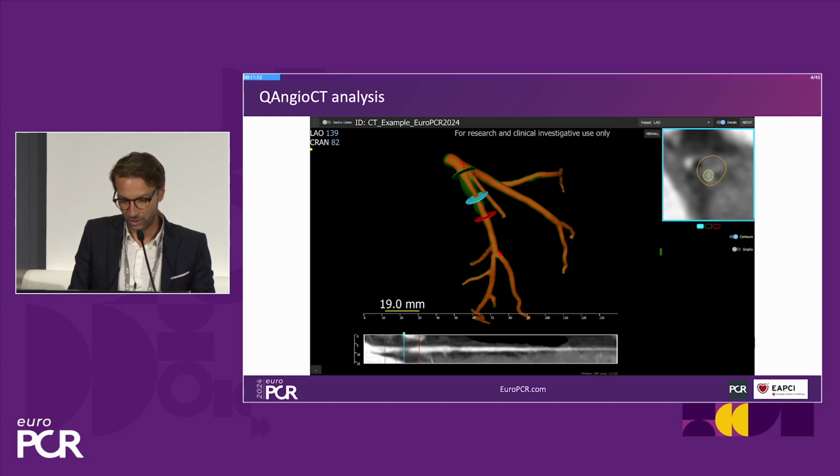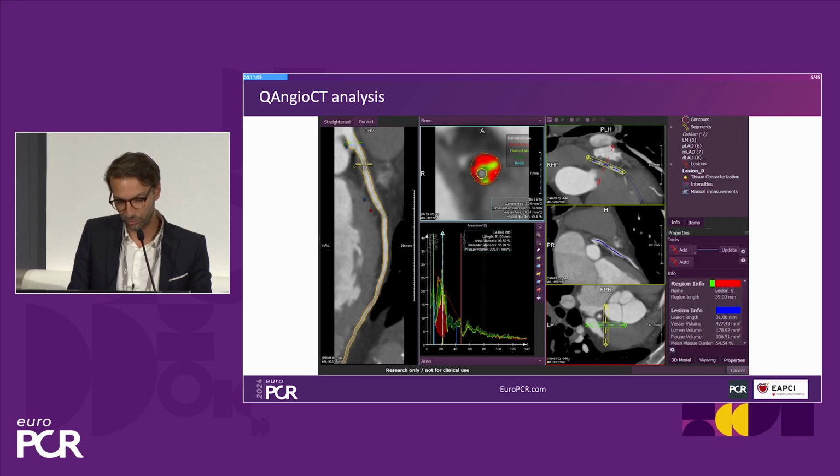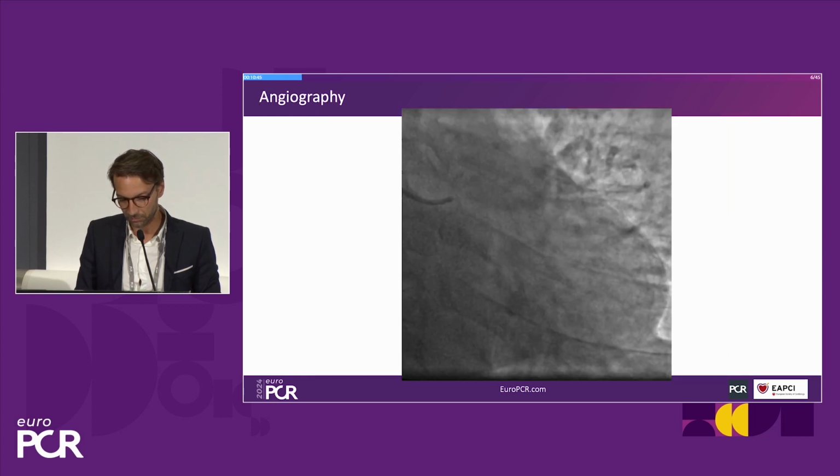The Q-angio-CT analysis of this patient showed a low-density lesion of the proximal LAD. And when we go deeper with this analysis, we can notice that the plaque tissue is made of necrotic core, confluent necrotic core massively, and fibrofatty tissue, suggesting a vulnerable plaque in this proximal LAD.